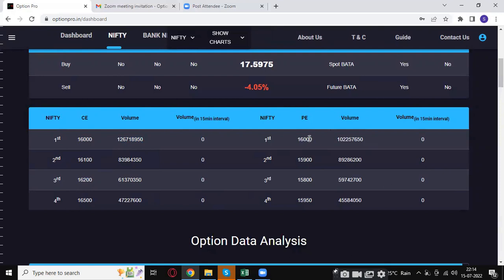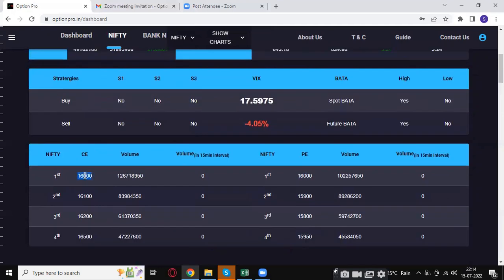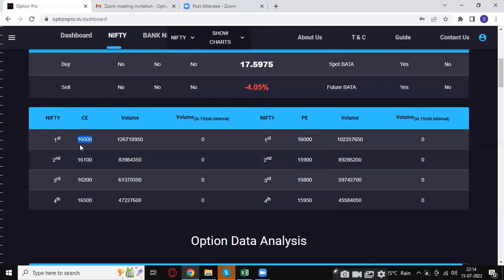Similarly, on the put side, let's say the third highest is 16,100 and the highest volume change is happening here on the put at 16,100, then it is a positive sign. In the opposite way, if volume change is happening on the bottom side of the highest volume strike, then it is a negative.